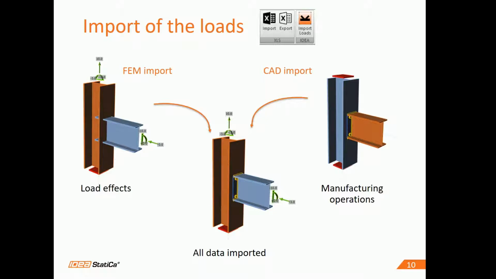And if we import from a CAD program, for example Tekla or Advanced Steel, we get the manufacturing operations. Now we can close the circle: with the import load function, we can import the load effects from the first model and calculate everything. We don't need to input any other data manually, so we can use two import functions and calculate.